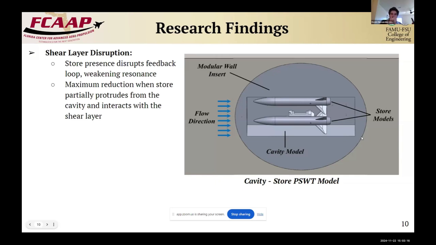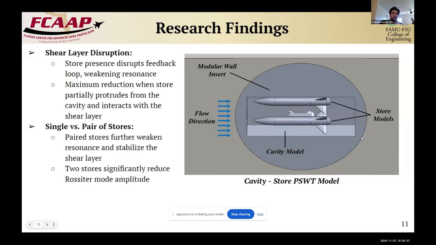It was also found that the maximum cavity resonance reduction seen is when the store is partially protruding from the cavity and is right on that shear layer that we saw in that prior diagram.